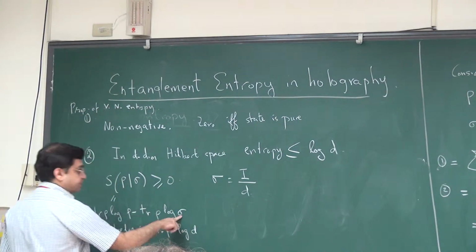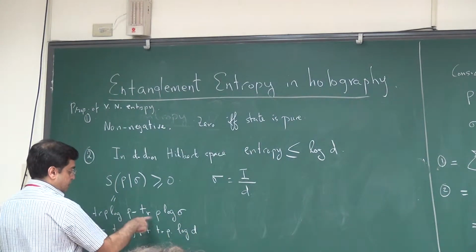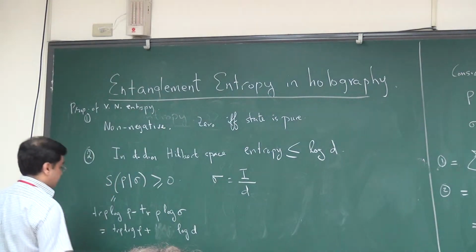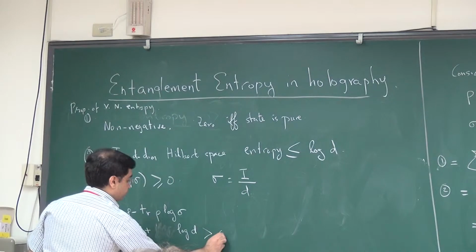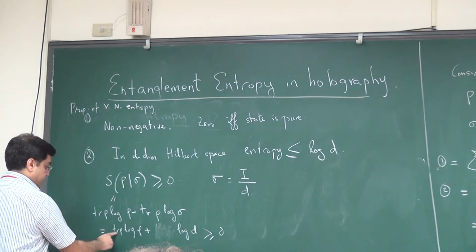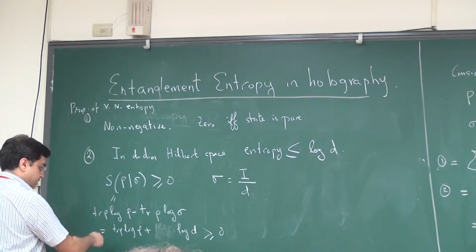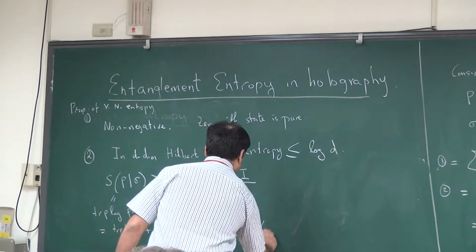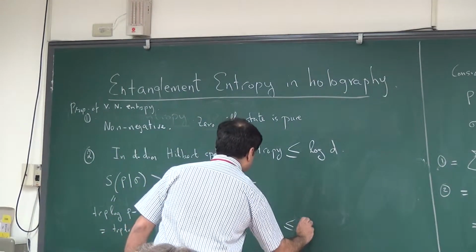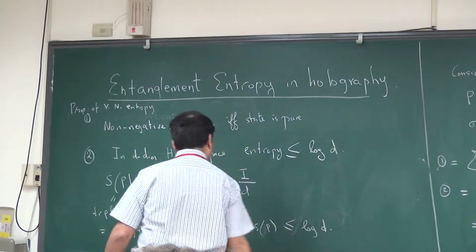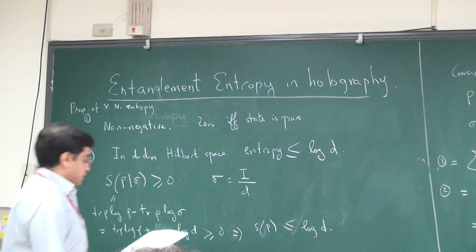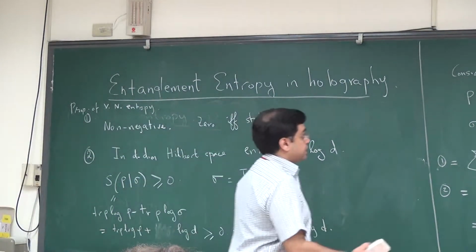Each entry here is 1 over d, so that's why we get this plus sign, and the trace of rho is 1, so we can get rid of that. This is bigger than or equal to 0, but this was the definition of S of rho with the minus sign. So this implies that S of rho is less than or equal to log d. So that proves it.